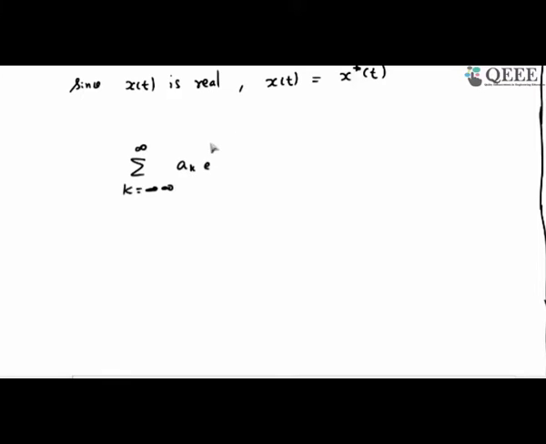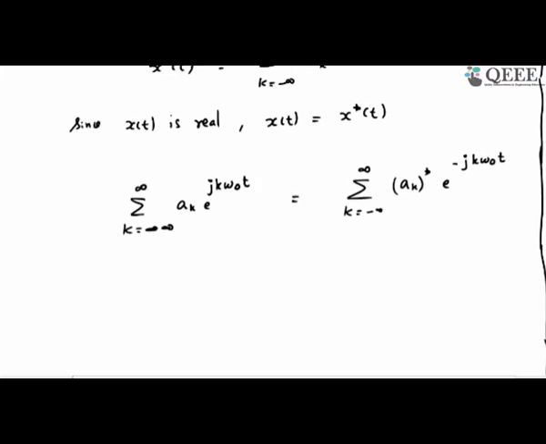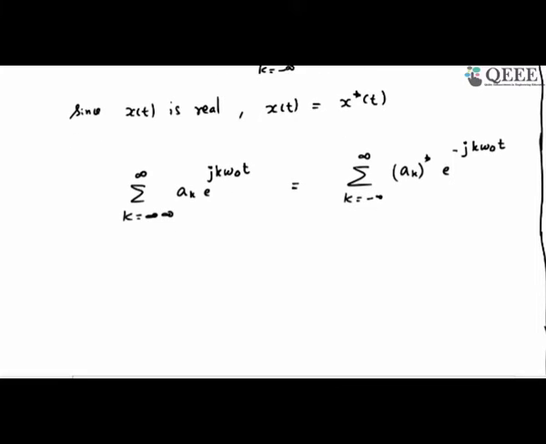a k e power j k omega naught t, that is equal to, if you look at the other series, it is minus infinity to plus infinity a k conjugate e power minus j k omega naught t. Now the two summations represent the same thing.